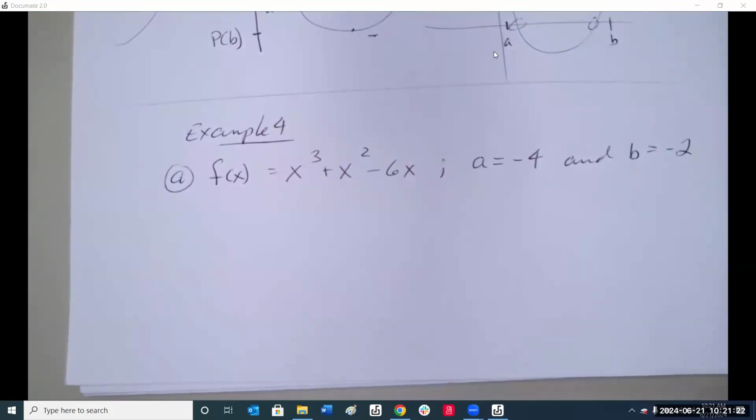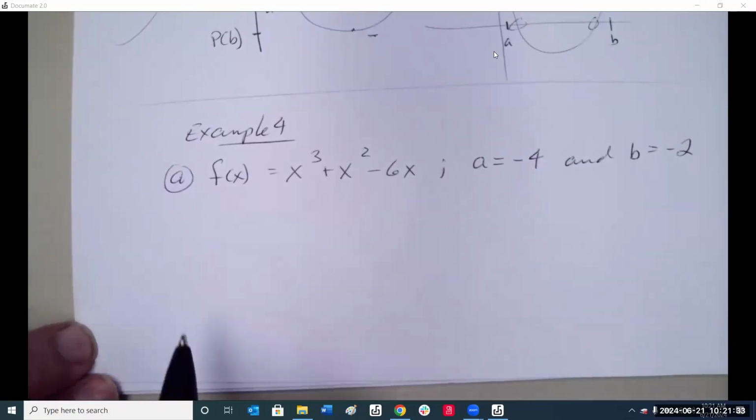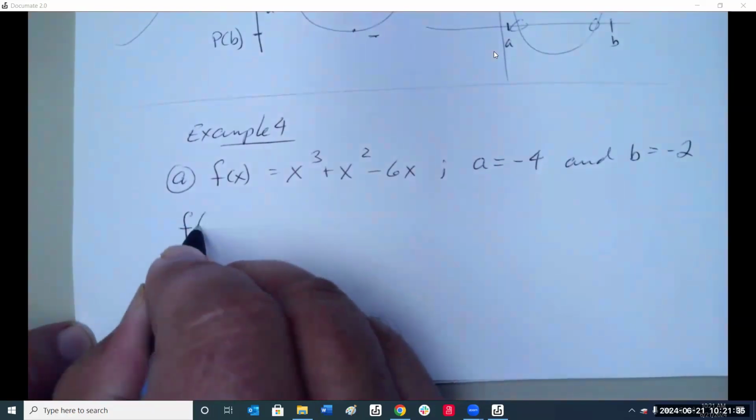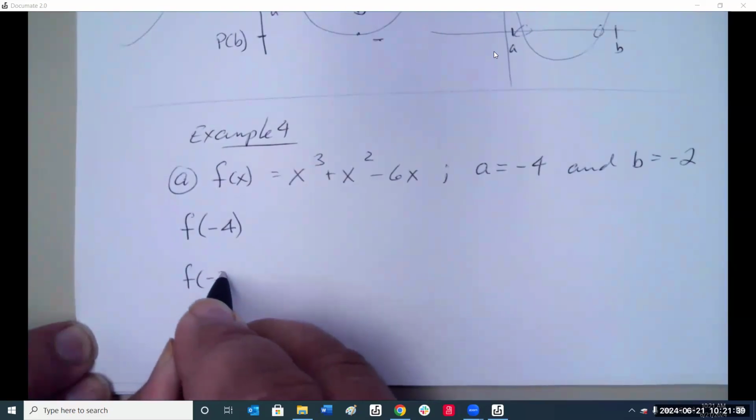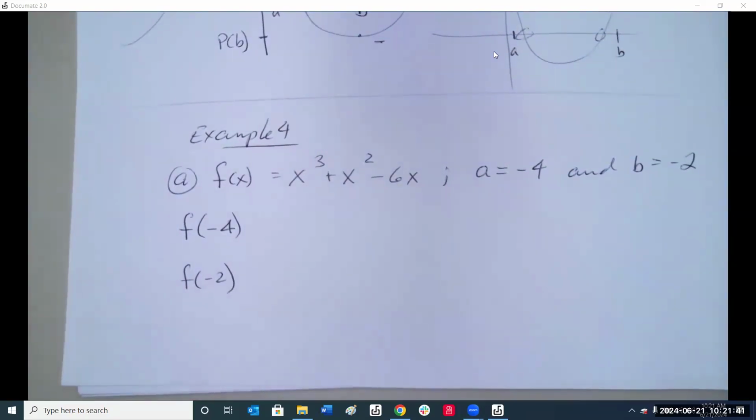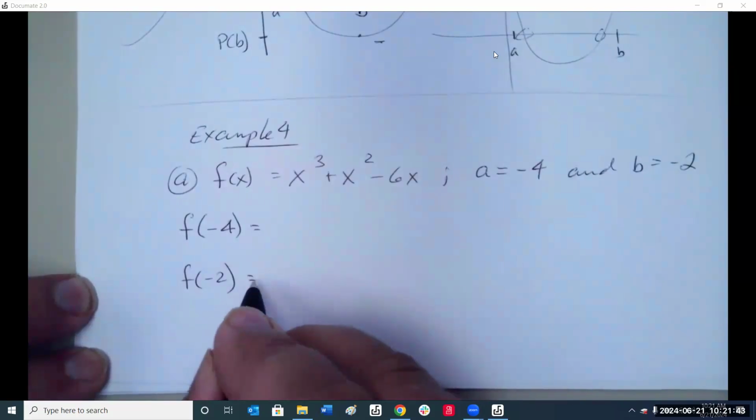So it's asking us, using the intermediate value theorem, determine, if possible, whether the function has at least one zero between a and b. So we got to put those numbers in there and work them out.